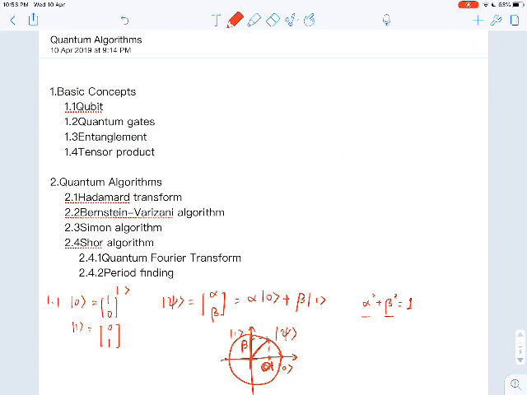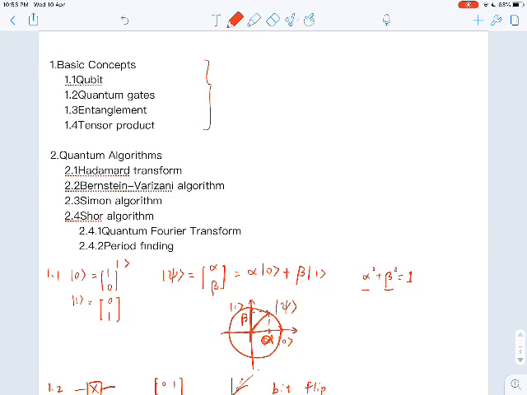Finally, let's have a recap. In this video, first we talk about the concepts of quantum computing, and we introduce 3 important algorithms, and each of the algorithms is an exponential advancement compared to traditional algorithms.